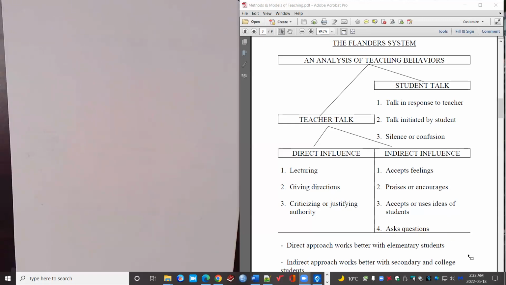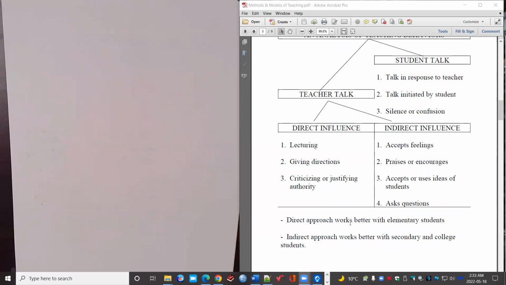Now, direct approach works better with elementary students. Remember, most of them, ages 7 to 11, are in the concrete operational stage, right? They like concrete ideas.